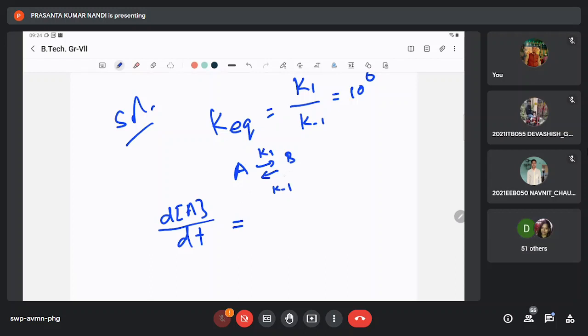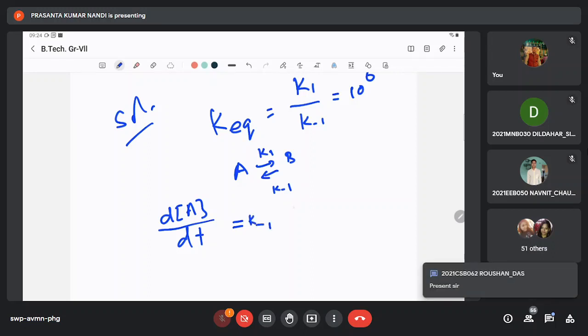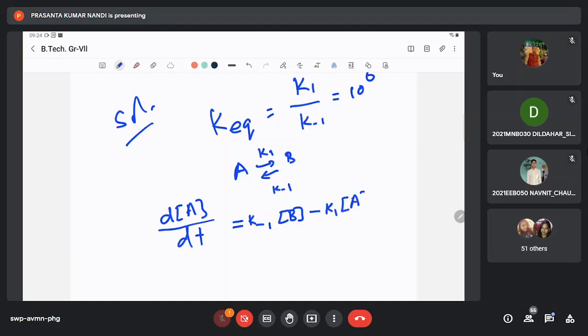Because A is produced in the reverse reaction, it would be K minus 1 into the concentration of B, minus that of A, which decreases in the forward reaction, so that's a negative rate, minus K1 A. Both the reactions are first order, so I have written it like this.